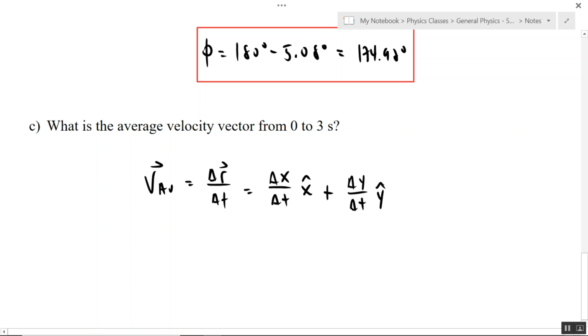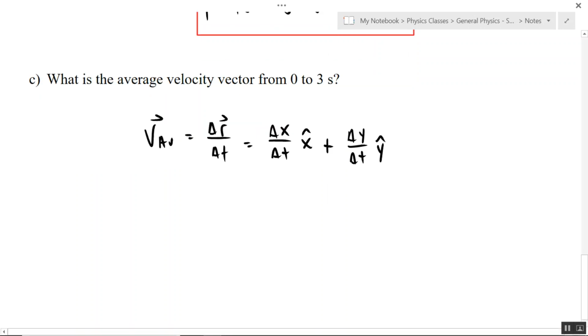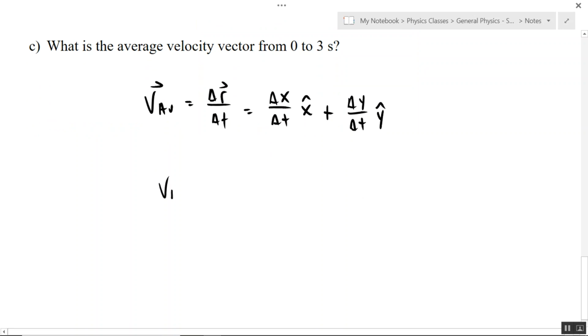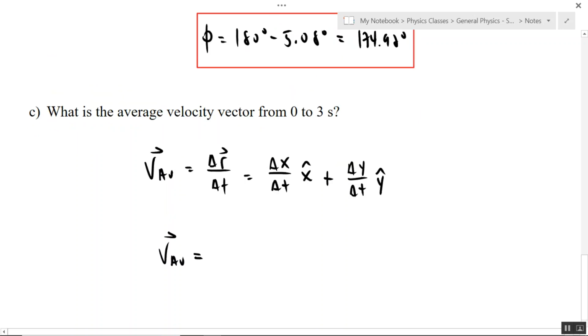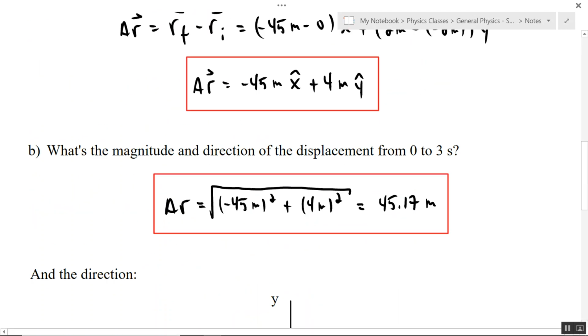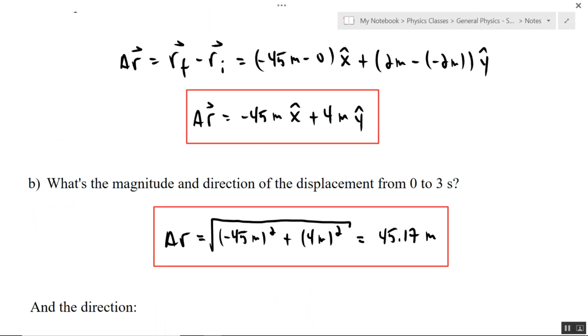That's what we did in the last part. So if you want to find the average velocity vector in component form, you first have to find delta r. We did that already. The x part of delta r is minus 45 meters. This is delta x. The y part is 4 meters. That's delta y. So all you do is divide this by 3 seconds and divide this by 3 seconds, and that gives you your average velocity vector.